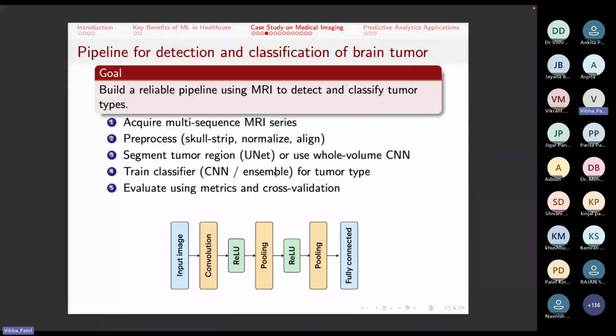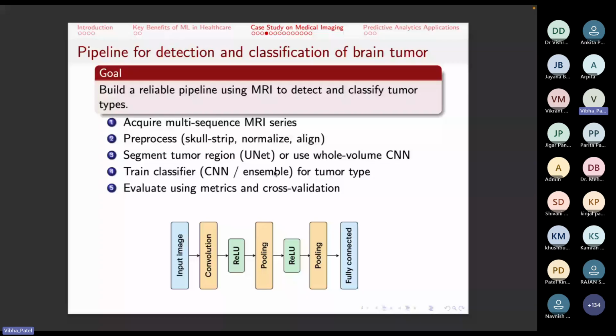There are several other sequences in MR as well, but in BraTS these four sequences exist, and they are sufficient to detect tumor in the brain. Out of all these, FLAIR is of utmost importance for tumors. So you can make use of this multi-sequence MRI series for brain tumor detection.